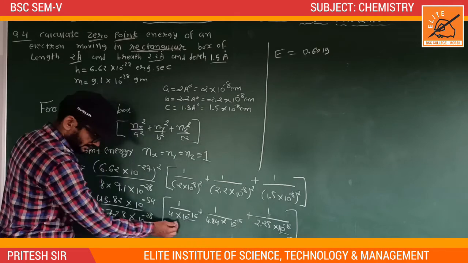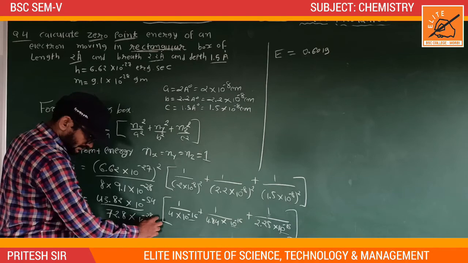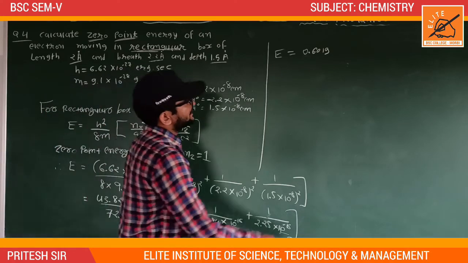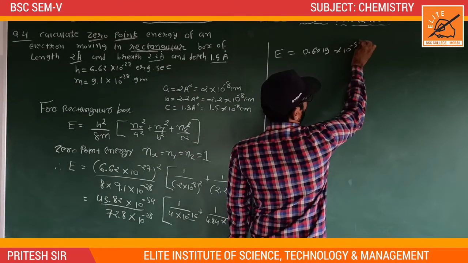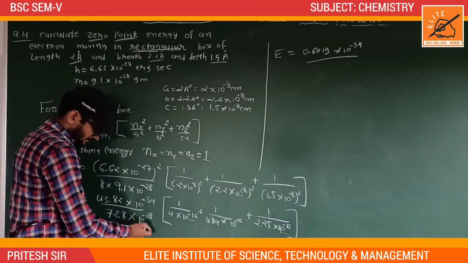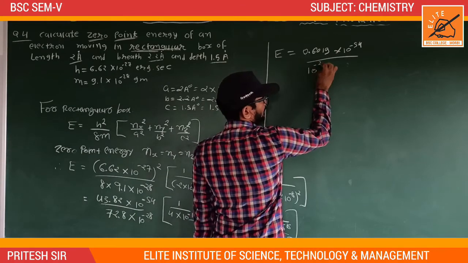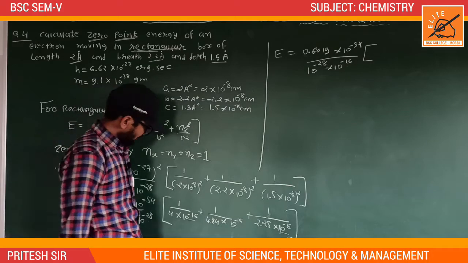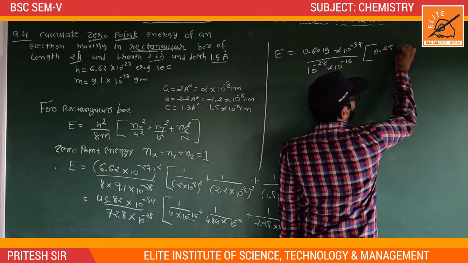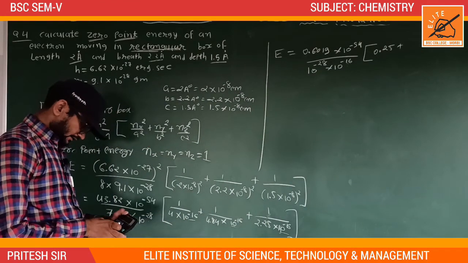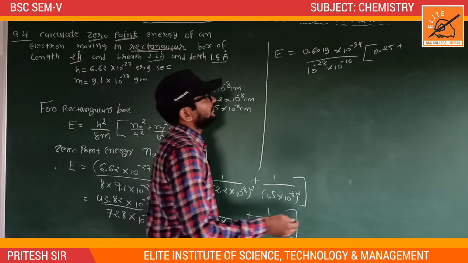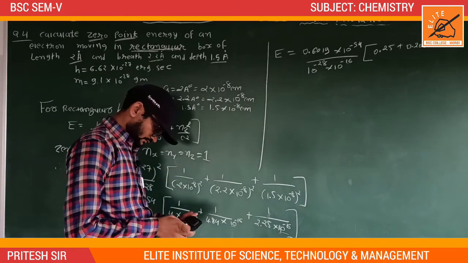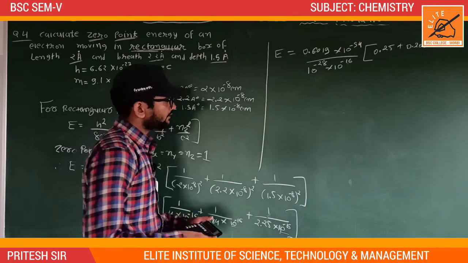Okay, so we take common 10 to the power minus 16, so minus 28 plus 16 gives 44. So first we take 10 to the power minus 54, and we take common 10 to the power minus 16, so 10 to the power minus 28 into 10 to the power minus 16, and the remaining terms become 1 by 4, which means 0.25, plus 1 divided by 4.84, which is 0.2066, plus 1 divided by 2.25, which is 0.44.